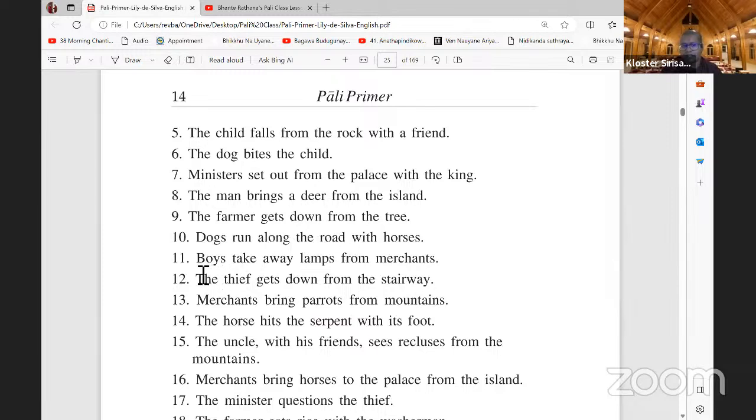Okay. Number 11 said: Kumara vanijehi dipe haranti. So that's the translation. And number 12, the thief gets down from the stairway. Choro sopanam hi otarati.